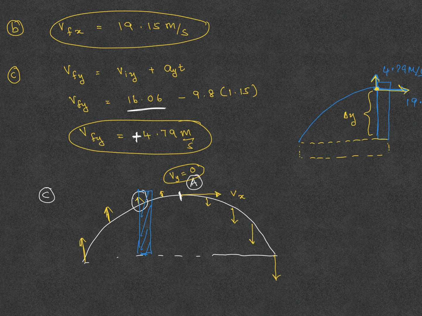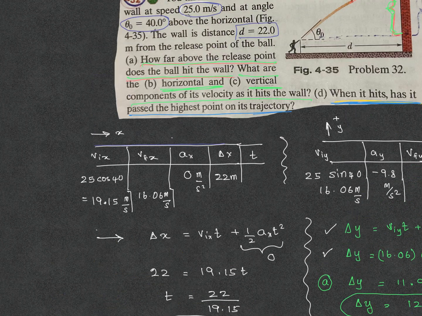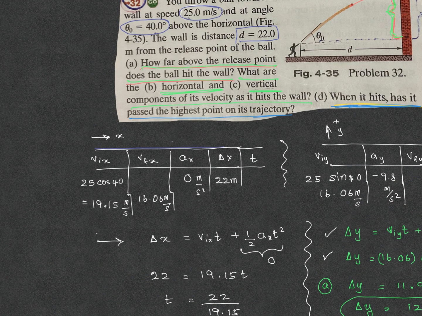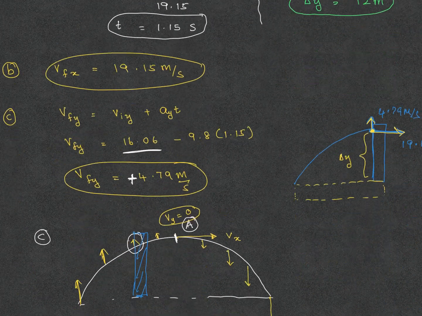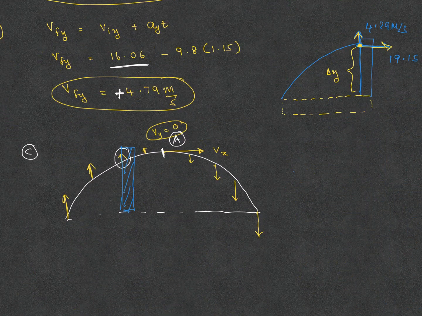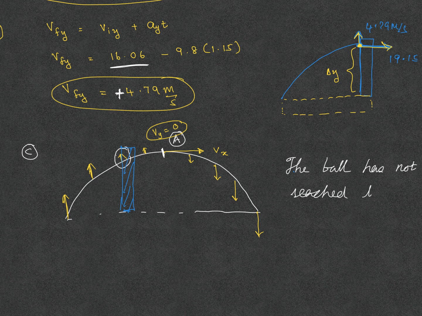Okay, so we can say as the answer to part D that the ball has not passed the highest point on its trajectory. The ball, I'm going to write script letters so that you won't hear that annoying sound. The ball has not reached the max, and that's the answer.